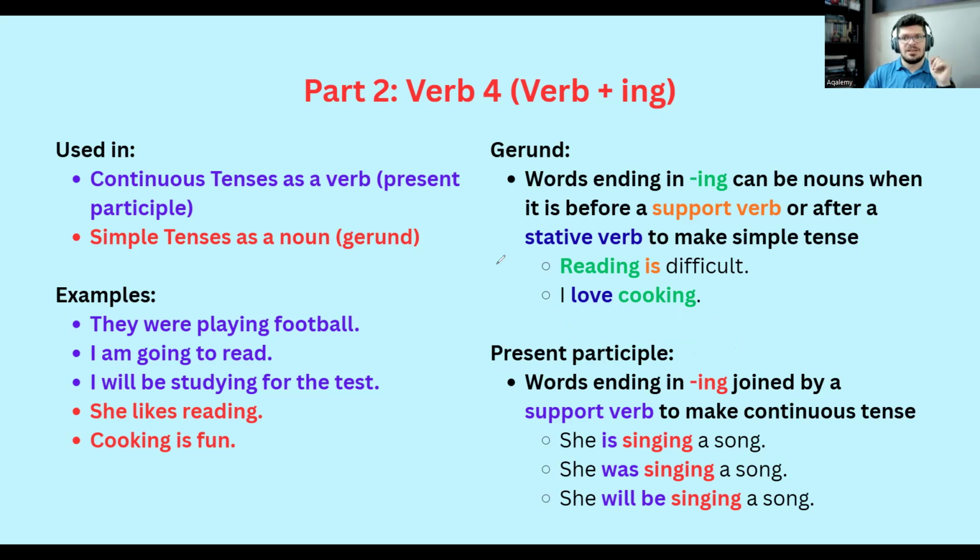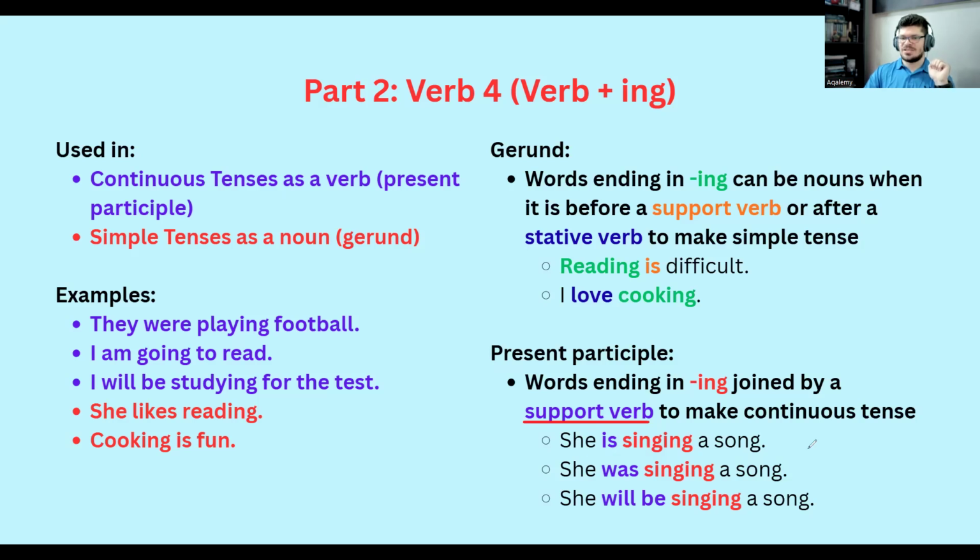I am cooking, different situation. But I just want to show you that the word love will be the verb in this sentence. Cooking becomes an activity. Okay. Present participle, this one is the verb. Look at the combination. Support verb. It must be a specific support verb: is, was, am, were, will be.